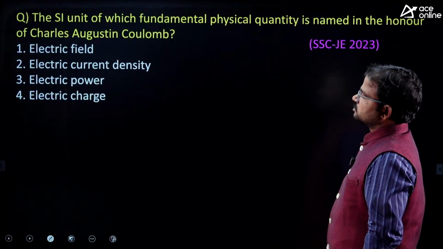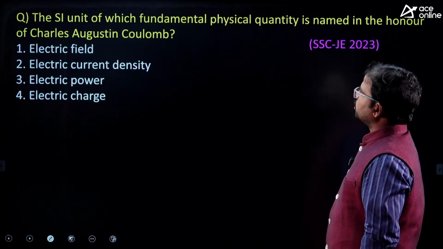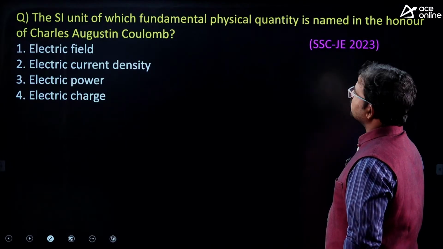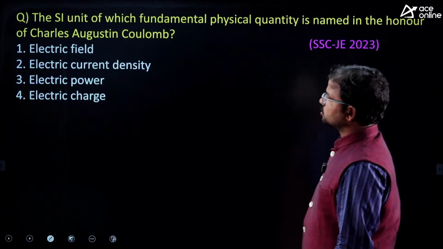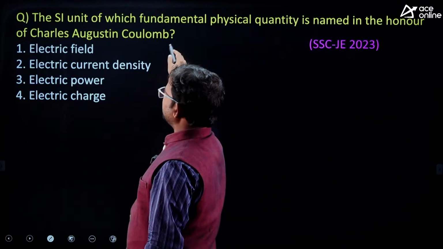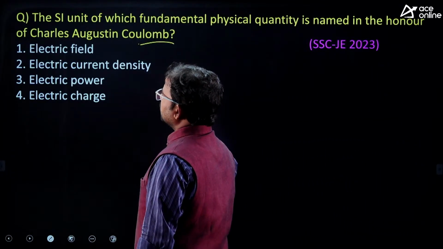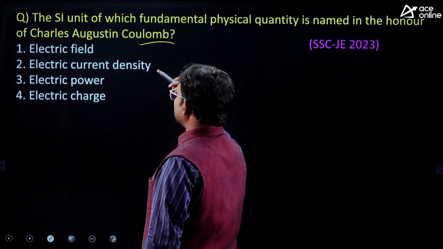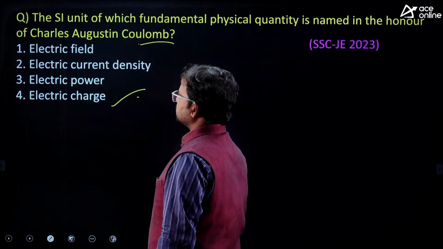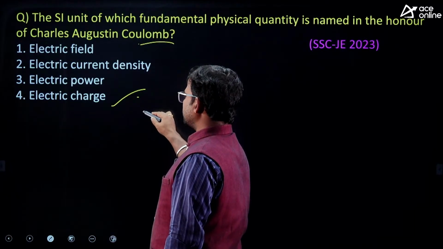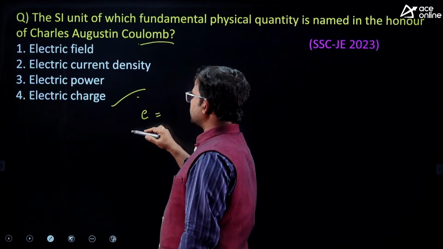Right, so the SI unit of which fundamental physical quantity is named in honor of Coulomb? Augustin Coulomb. If you consider electric charge, what is the charge of an electron?